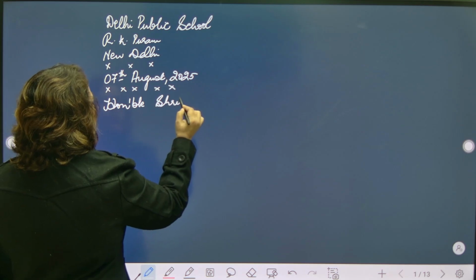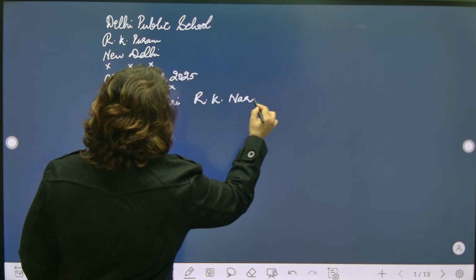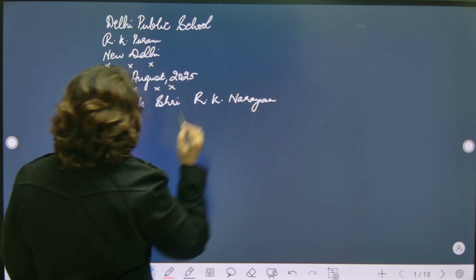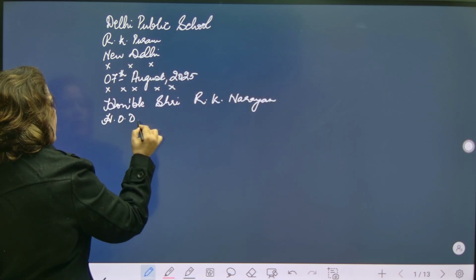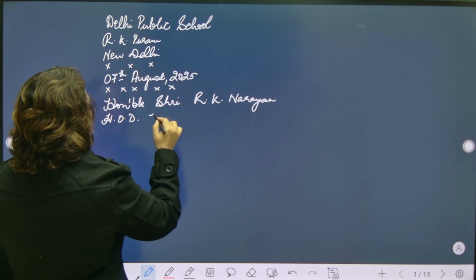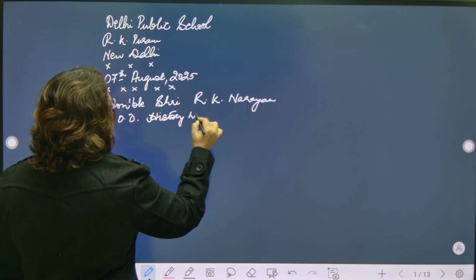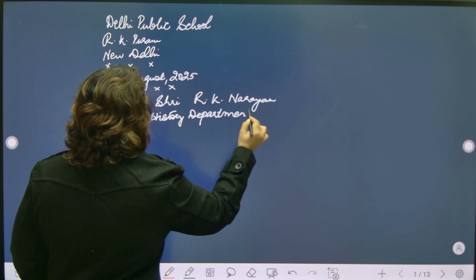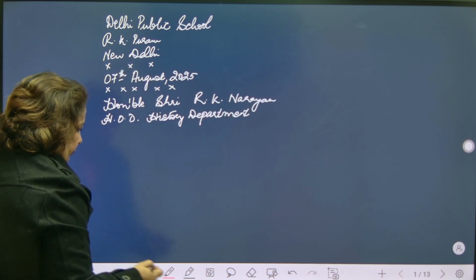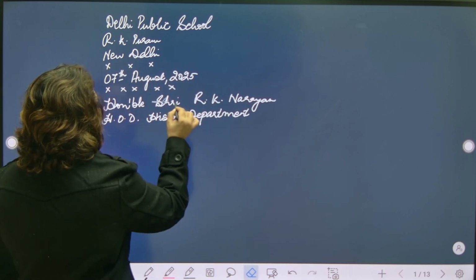Shri R.K. Narayan, HOD, History Department. Now there's this silliness that I have done.